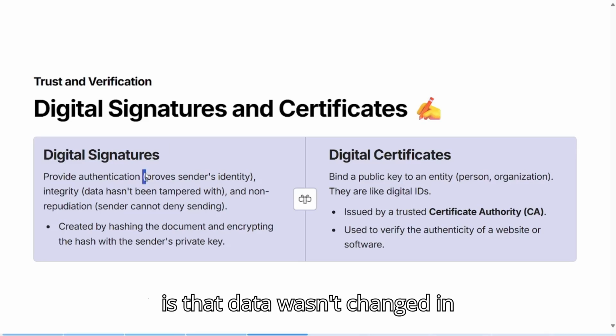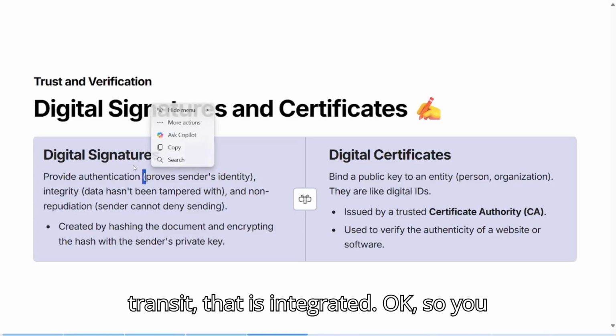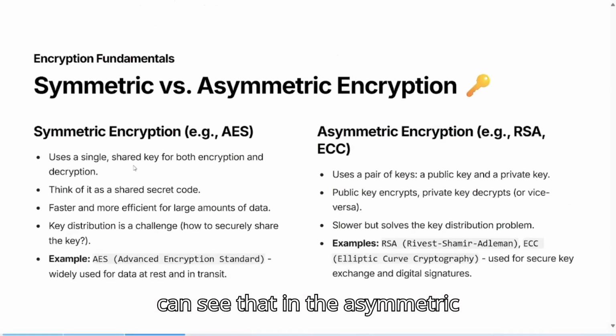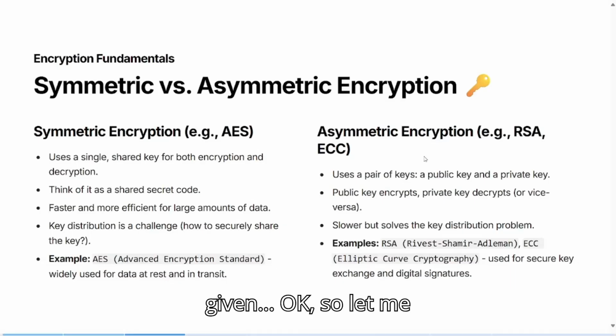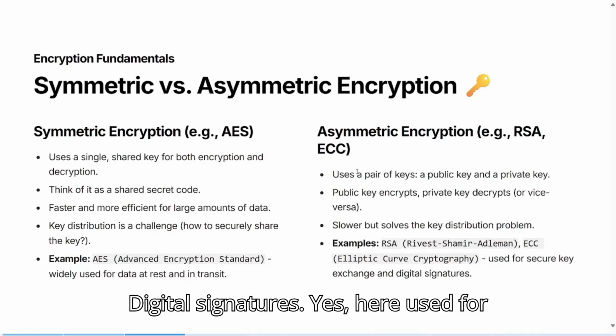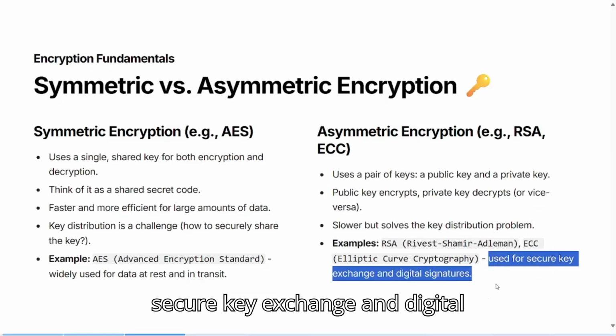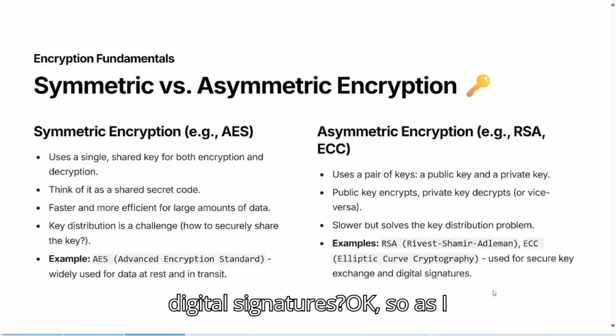Second, that the data wasn't changed in transit, that is integrity. As we saw under asymmetric encryption, it is used for secure key exchange and digital signatures. So why is it used for digital signatures?